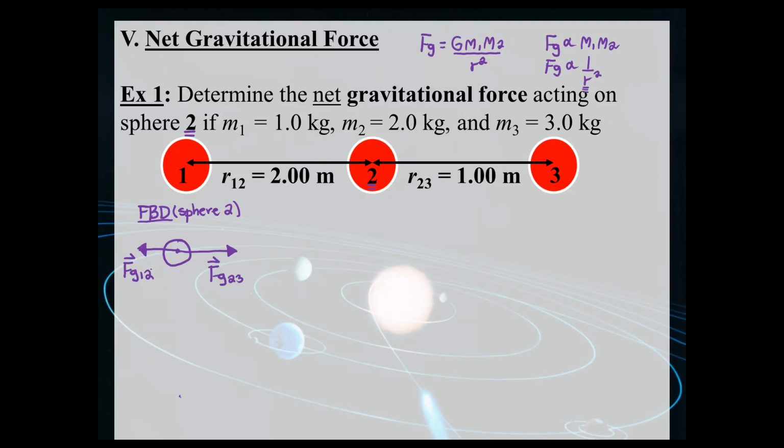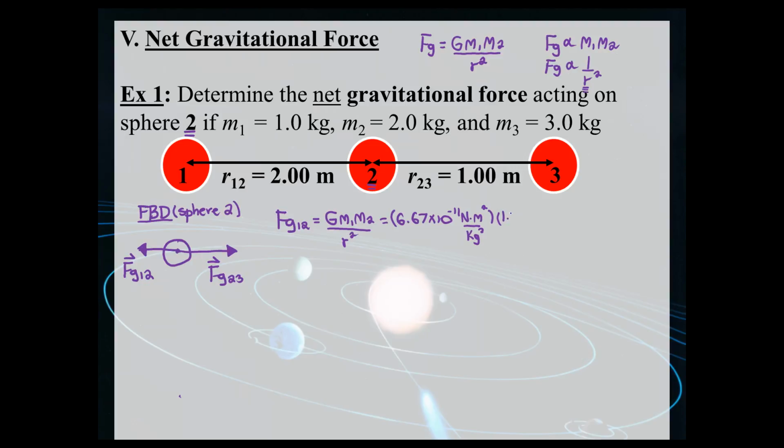What I'm going to do now is calculate the magnitude of these two forces using universal gravitation. So Fg12 would be equal to G m1 m2, all divided by r squared. Let's plug the numbers in. Our gravitational constant is 6.67 times 10 to the negative 11 newtons times meter squared per kilogram squared.